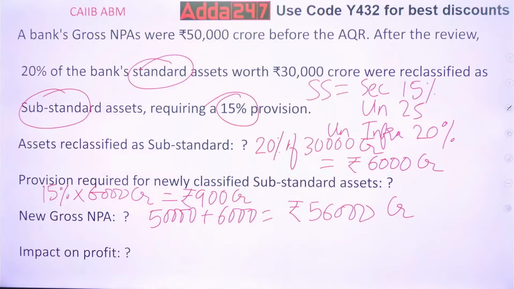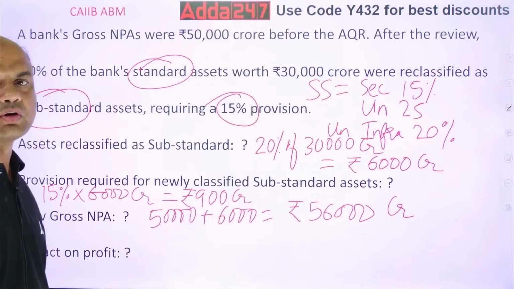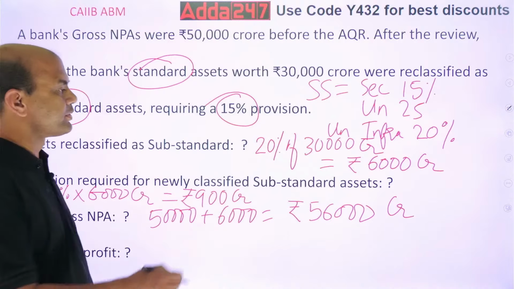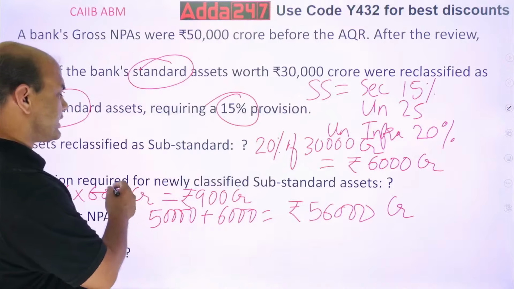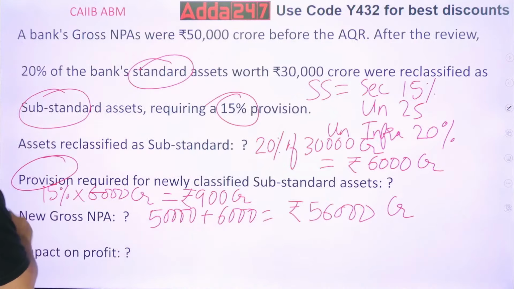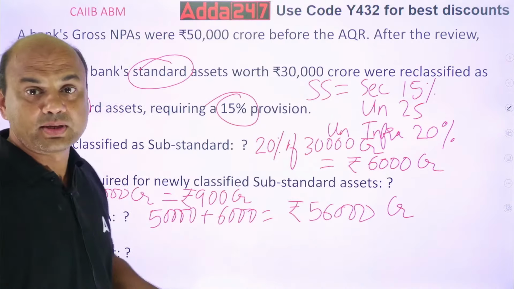What is the last question? Impact on profit. What will be the impact on profit? Who can tell me? Now you will have to make this new provision. Understand this. Whenever you are making a new provision, from where are you making it? This provision, 900 crores. Where does the money come from?